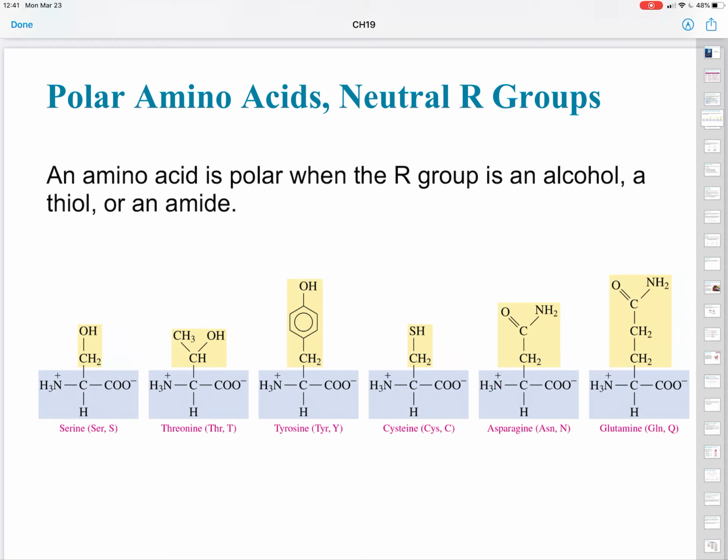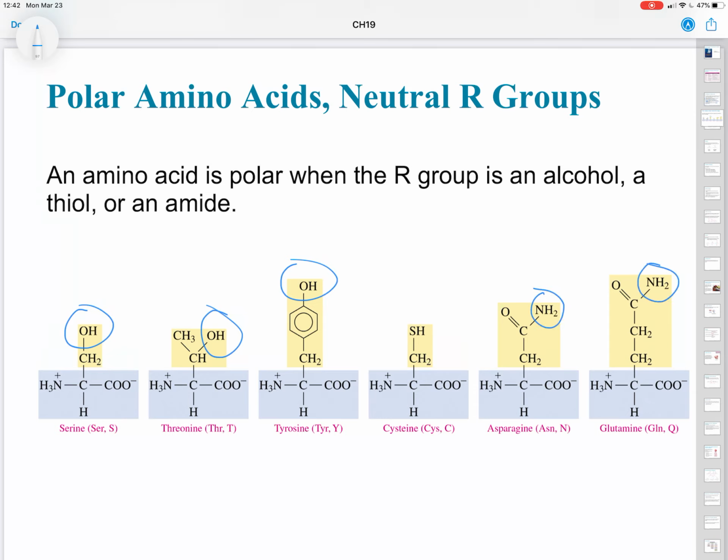I mentioned there's not a big difference between just polar and polar neutral. These are all really polar neutrals. They're polar because they can hydrogen bond, these guys, with really electronegative atoms in them. These guys are really electronegative.